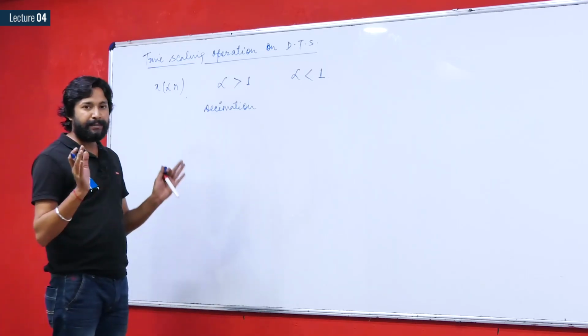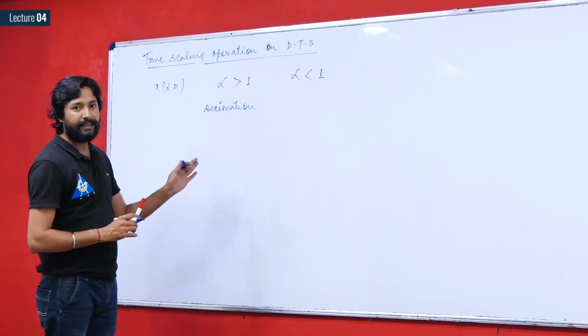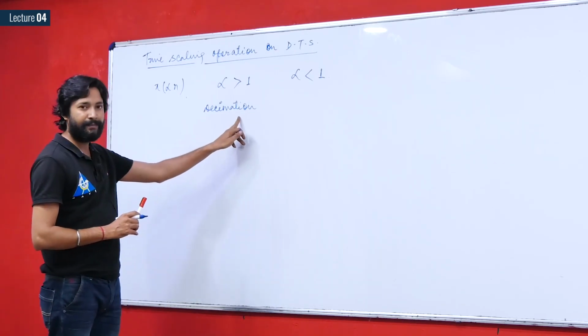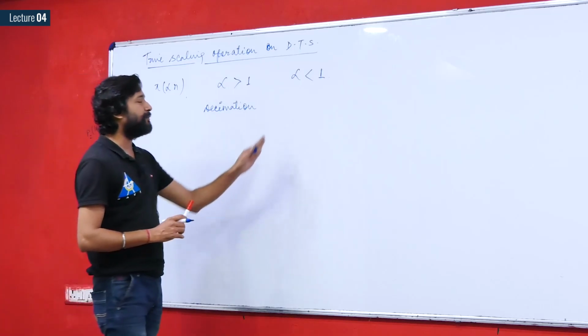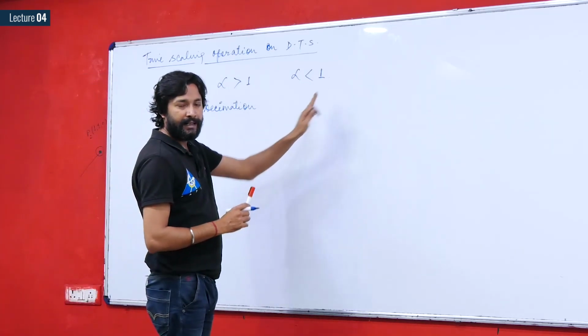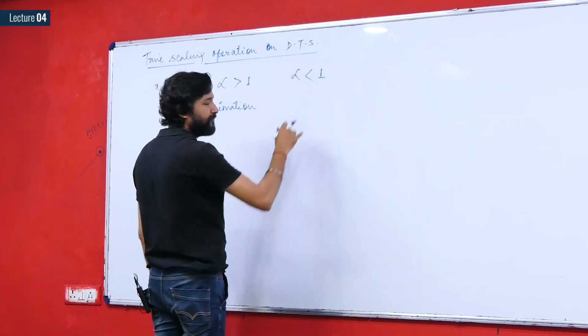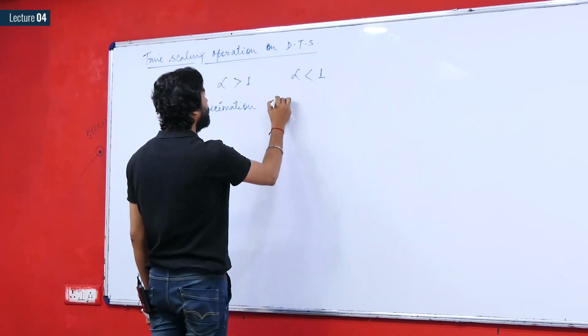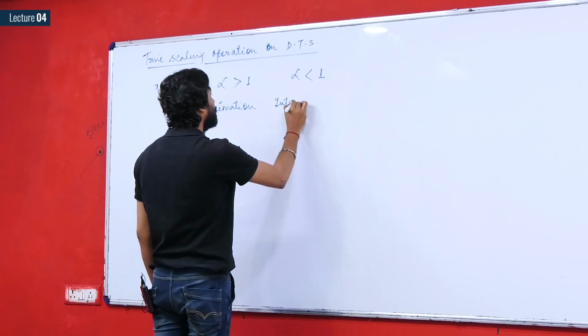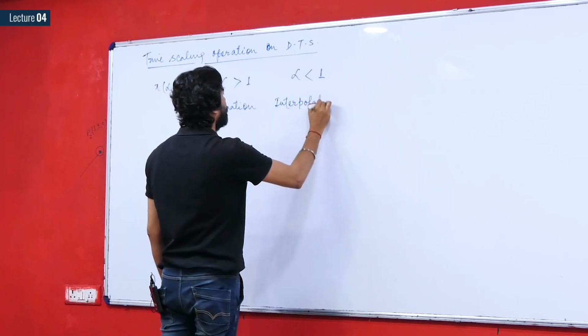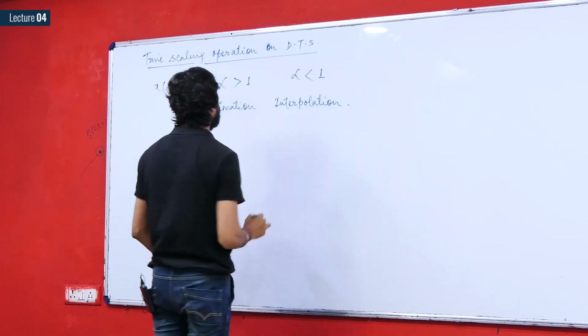Compression occurs. Compression in the discrete time domain is named decimation, and as in the continuous time domain for alpha less than 1 expansion occurs, in the discrete time signal, instead of expansion we use the word interpolation.